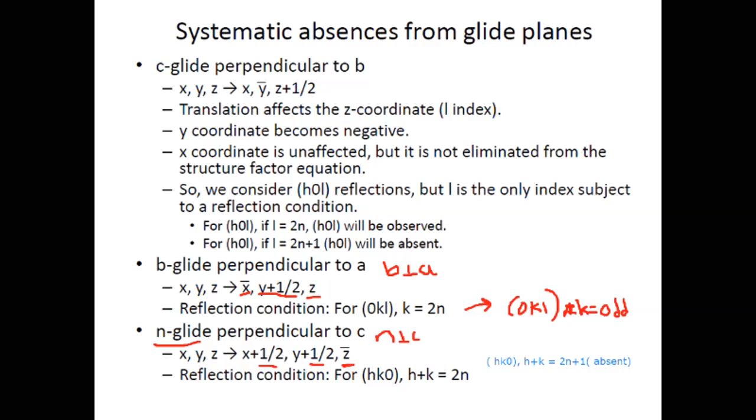If there's no change in the sign of an axis, you just have to keep the indices, but it doesn't have any effect on the criteria to be present or absent.